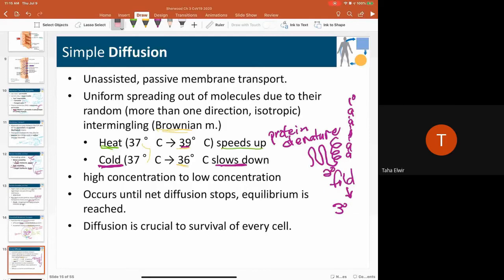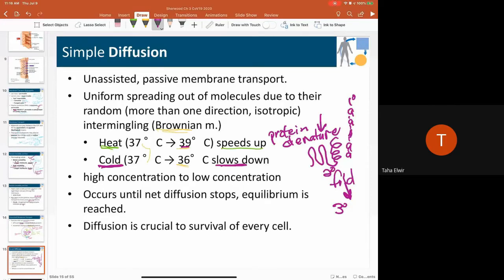So we've got this intricate folding going on, and we want that folding to be in place for the proper function of the protein. You heat it up, it starts to unfold, and that's the denaturation that's occurring. So the proteins don't function properly.